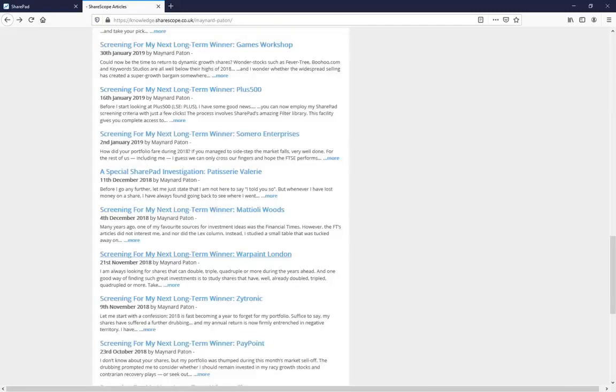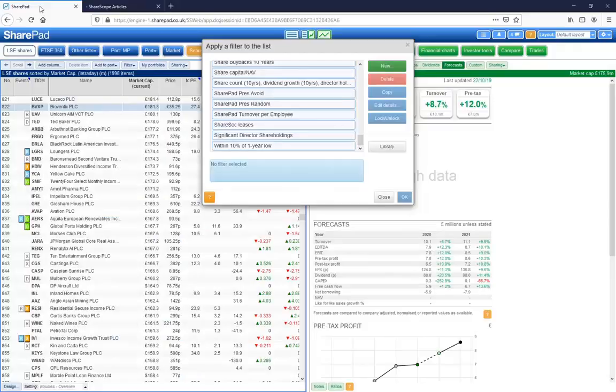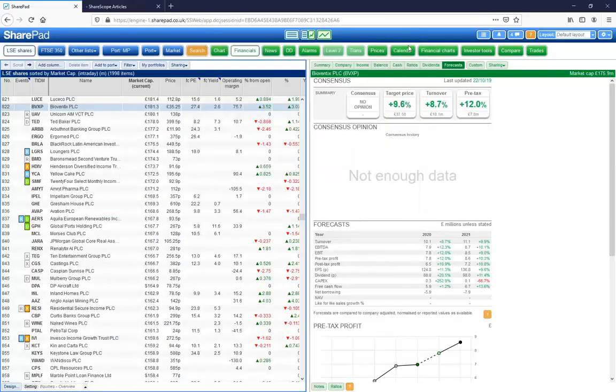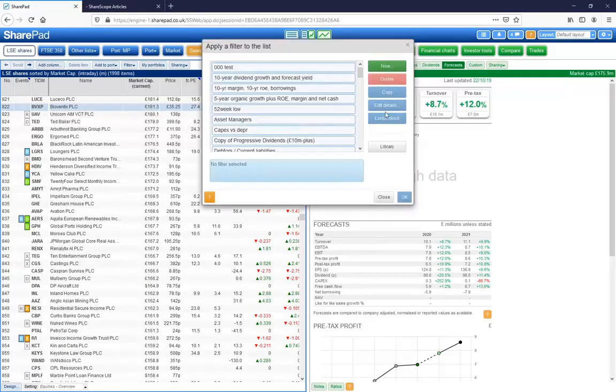So final question. Ian again says, can you just show how to download your filters into my SharePad? Certainly, Ian. So we're here. So filter, apply filter. So here, this is the library.